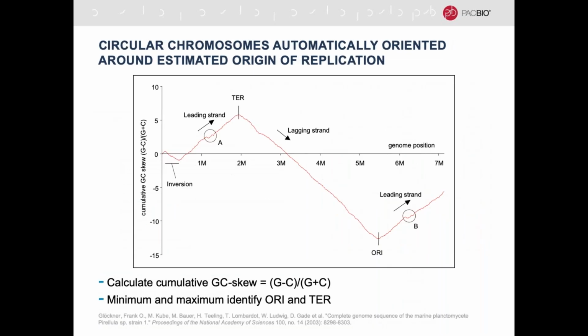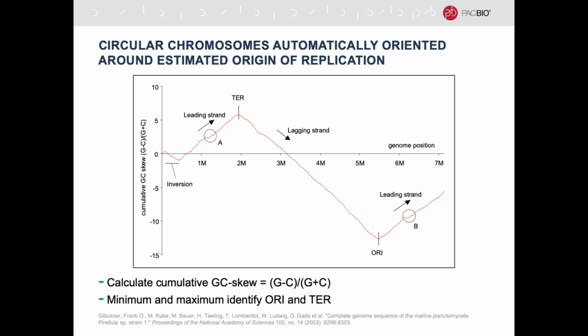And then the origin of replication orientation is done. This uses a GC skew calculation. This figure comes from the paper where this was demonstrated, and the reference is provided there at the bottom. So if you want to go read more about that later on, you can follow that reference there.